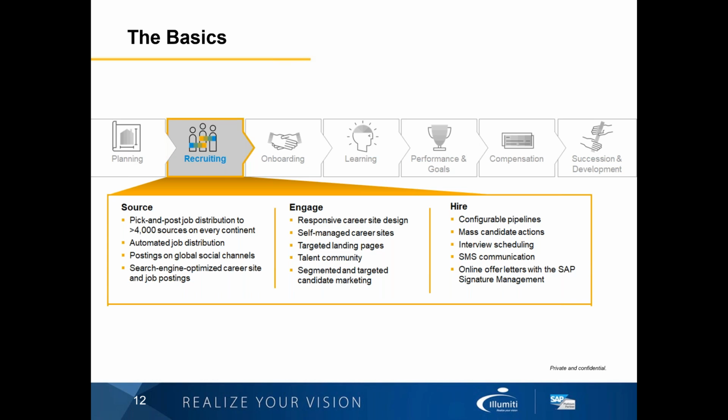We include configurable pipelines, mass candidate actions, assistance with interview scheduling, and the ability to do online offer letters complete with electronic signature. So as you can see, really a start to finish complete recruiting management system.